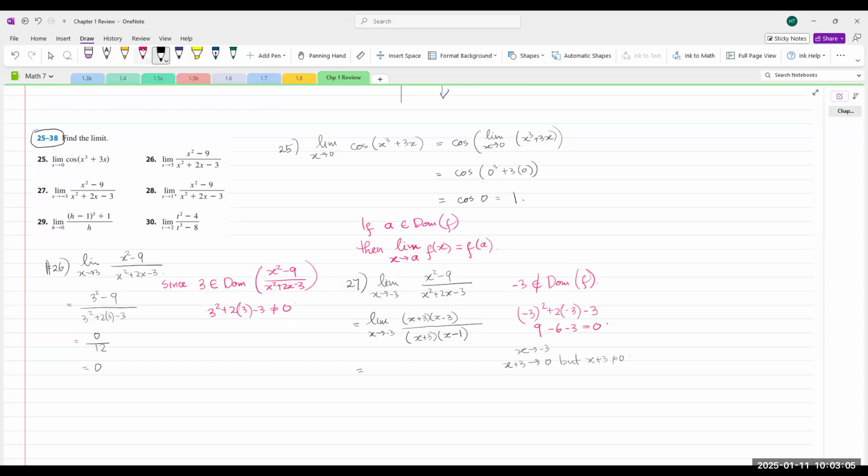So we can cancel x plus 3 and we get limit x approaching -3 of x minus 3 over x minus 1. Now I will replace x by -3 because now x equals -3 is already in the domain of this simplified version.